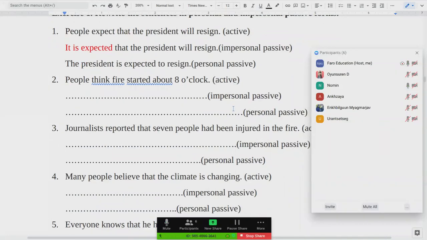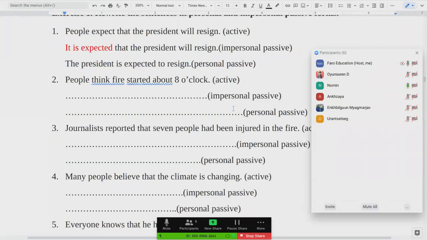Number 2. People think fire starts about 8 o'clock. Impersonal passive. It is thought that fire starts about 8 o'clock. Personal passive.